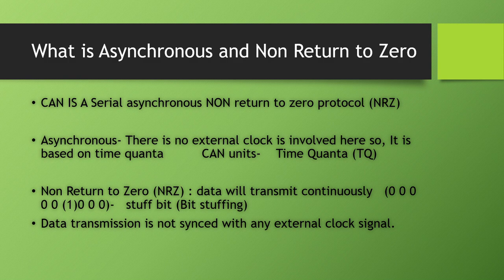And non-return to zero means when we transmit a continuous number of bits, after the fifth bit, the sixth bit will be the inversion of the fifth bit. So bit stuffing will happen. I will explain what bit stuffing is and how it happens. This is today's session.